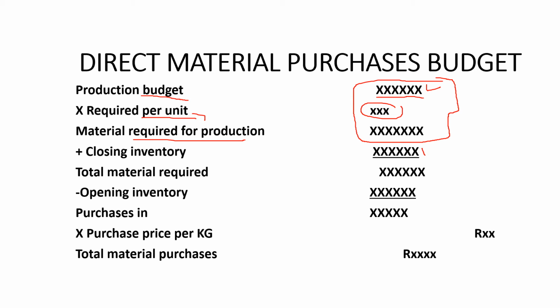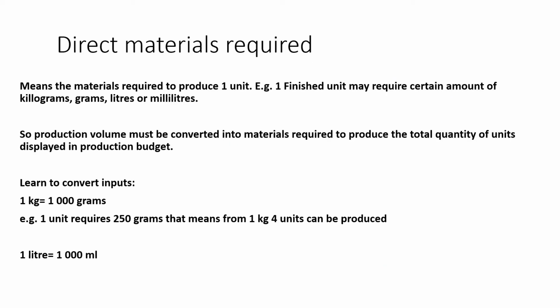Then you add closing, then you less opening, then you get purchases that must be made. Then purchases multiplied by cost per kilogram or cost per liter gives you the amount of materials that must be purchased.